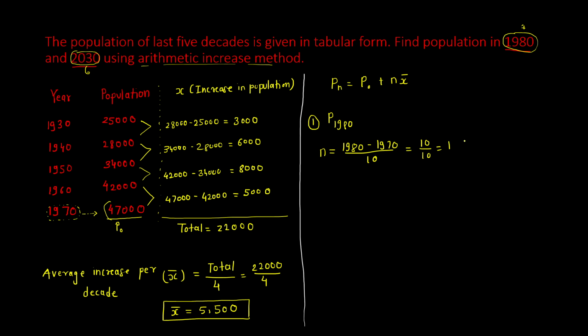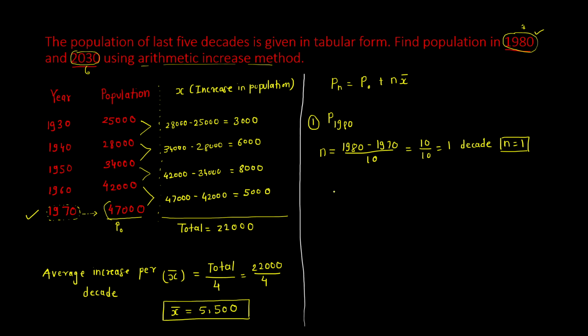It is 1, so it is 1 decade. So the n value should be 1. See, no need to do this calculation. If you understand the concept, you can directly write 1. Because our data is available up to 1970 and we have to find the population in 1980. How many years are there from 1970 to 1980? 10 years. 10 years means 1 decade.